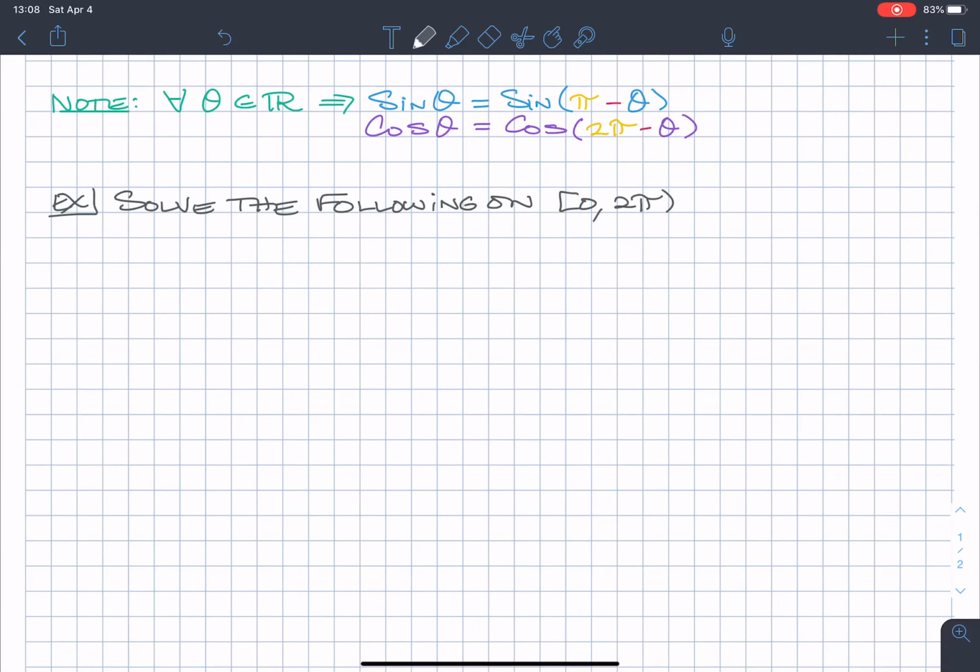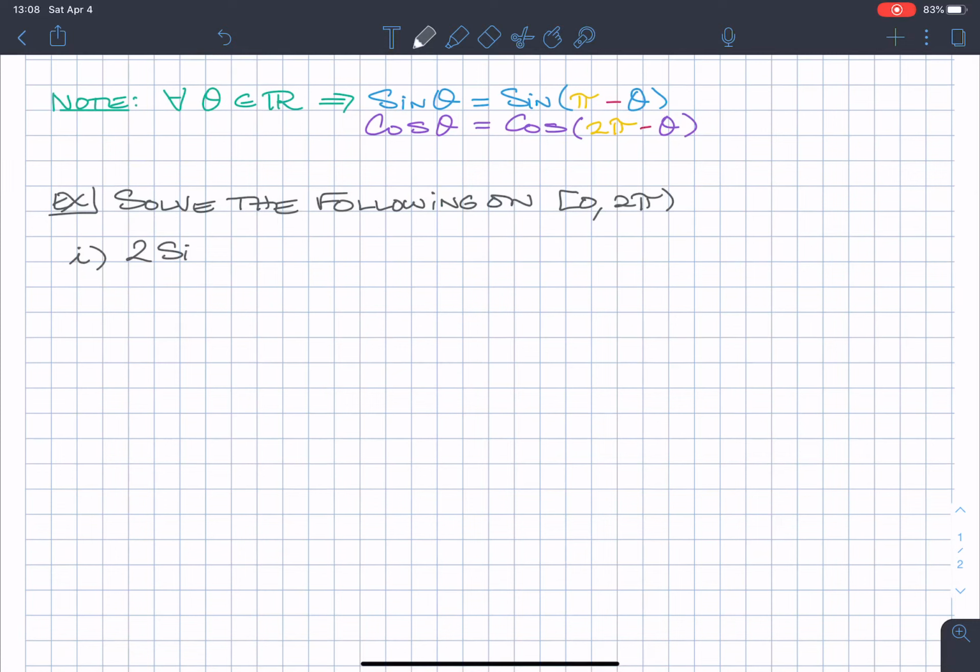So for number 1, we have 2 times sine of 2 theta minus 2 root 3 times sine of theta minus 2 cosine theta plus root 3 is equal to 0.